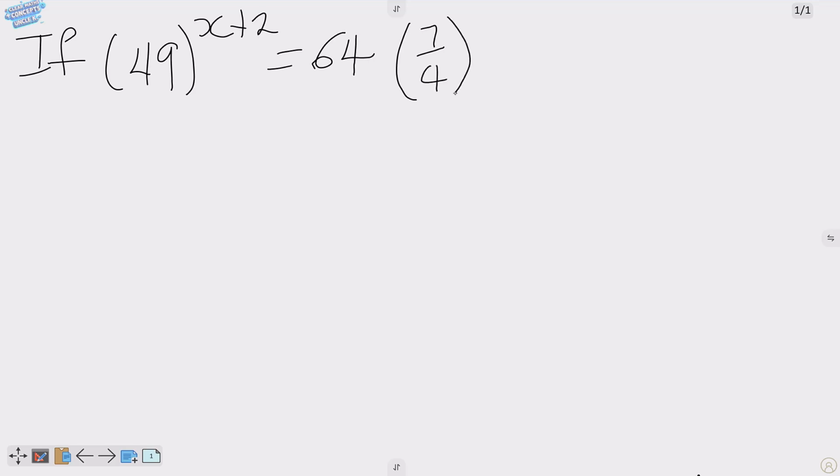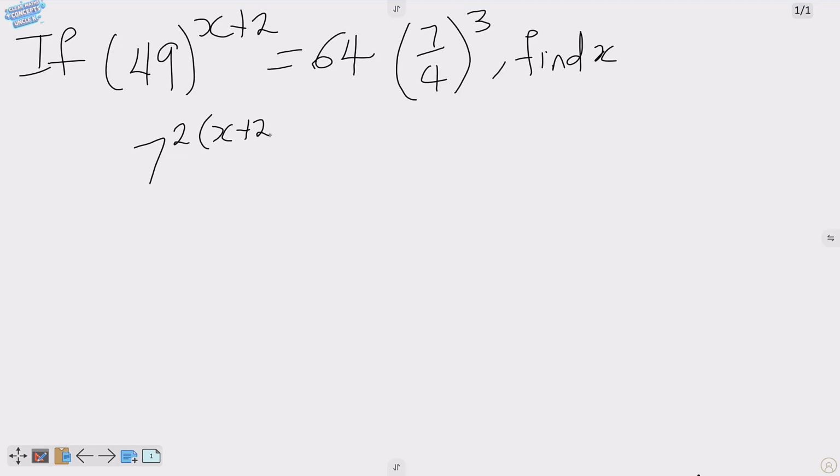If 49 raised power x plus 2 equals 64 into 7 over 4 raised power of 3, find x. So in this case, you write 49 in index form, which is 7 raised power 2.